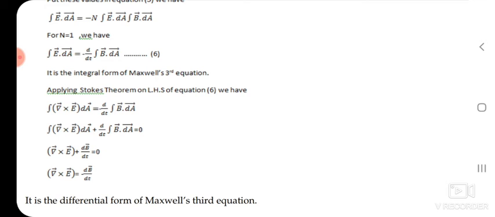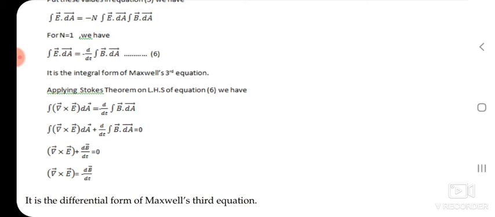Sorry, actually in equation 6 it is E dot dl. Integration of E dot dl, the line integral of the electric field, is equal to minus d by dt of integration of B dot dA.